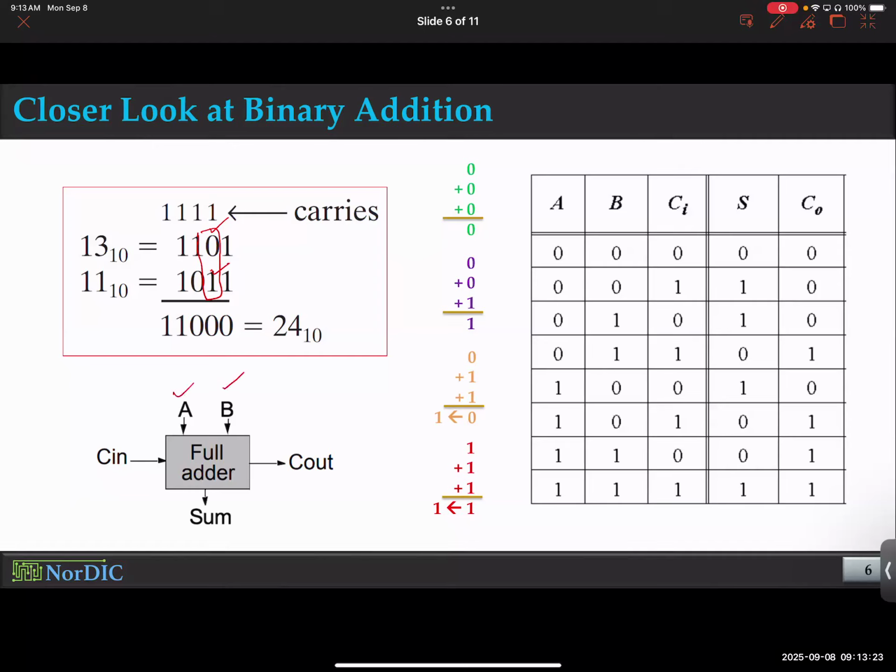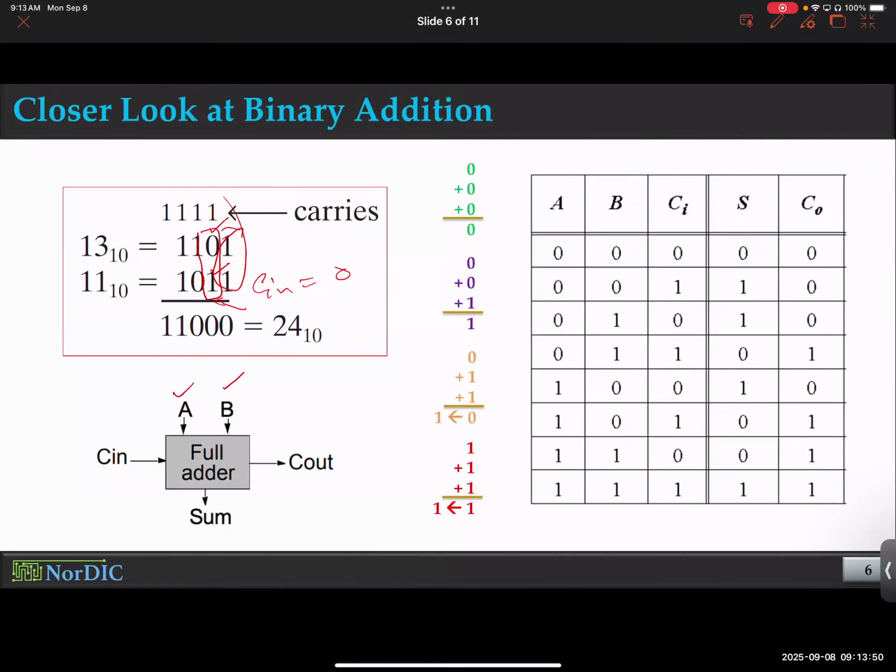So you have A and B. However, you also have to account for the carry that is coming in from the previous stage. So that means you need to keep in mind that there are three inputs. One of the inputs would be the carry in from the previous stage. The only exception was the very first set of numbers that you added. But when you design it, you could just always consider that carry in for the first stage is 0. That's it. That's how you make everything universal.